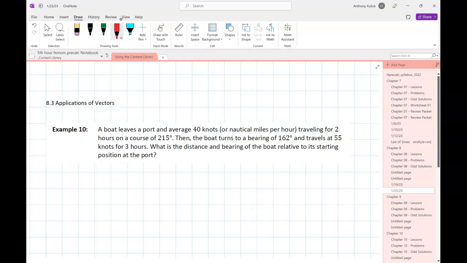It says a boat leaves a port and averages 40 knots, traveling for 2 hours on a course of 215 degrees. Then the boat turns to a bearing of 162 degrees and travels at 55 knots for 3 hours. What is the distance and bearing of the boat relative to its starting position at the port?